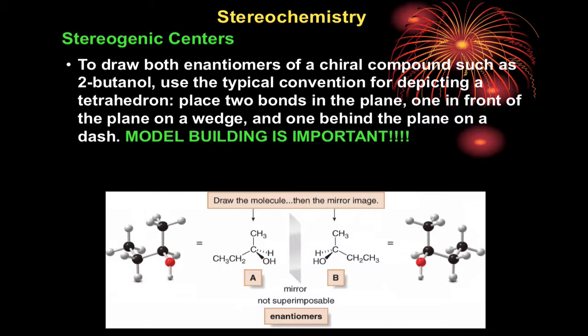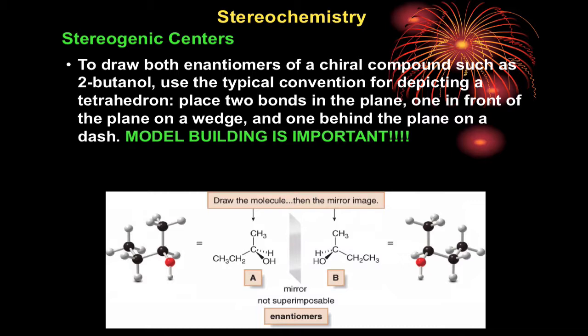So what I would do is I'd actually take 4 colored spheres, and I would give them a name. Hydrogen is almost always white. Oxygen is almost always red. And then pick the other 2 colors for what you want to be the methyl group and the ethyl group. Okay? So let's say the green is the methyl group and the blue is the ethyl group.